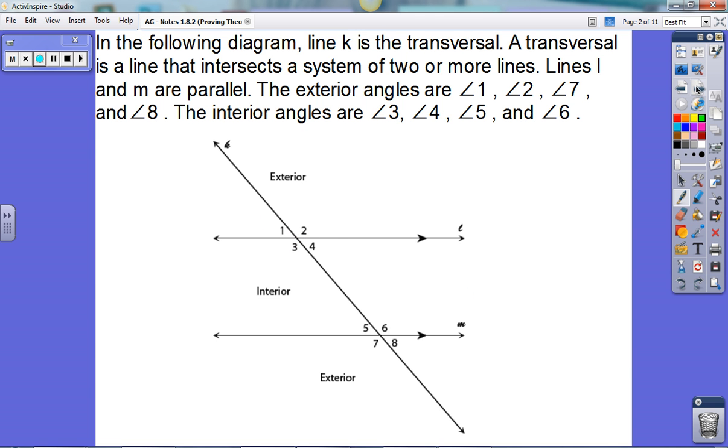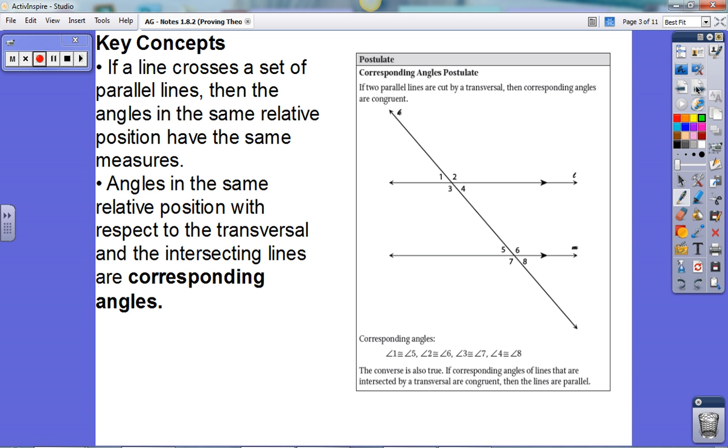One type of angle we have are corresponding angles, and corresponding angles are angles that are in the same relative position, meaning angle 1 and angle 5 are in the same relative position. Here is my parallel line and my transversal, and it's above the parallel line to the left of the transversal, and then same thing here, above this parallel line and to the left of the transversal.